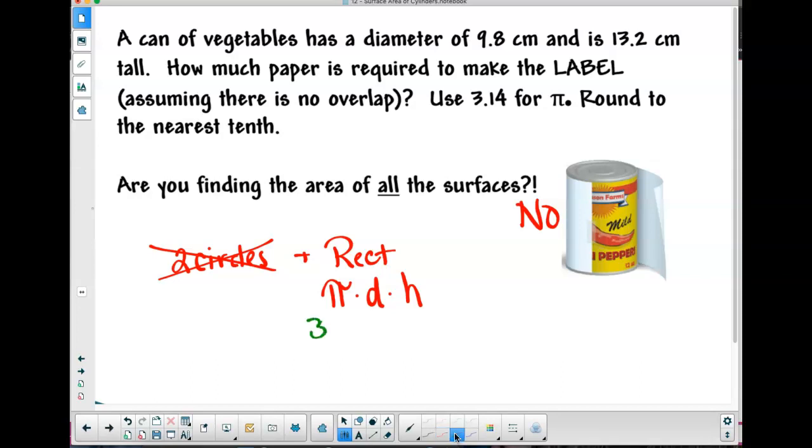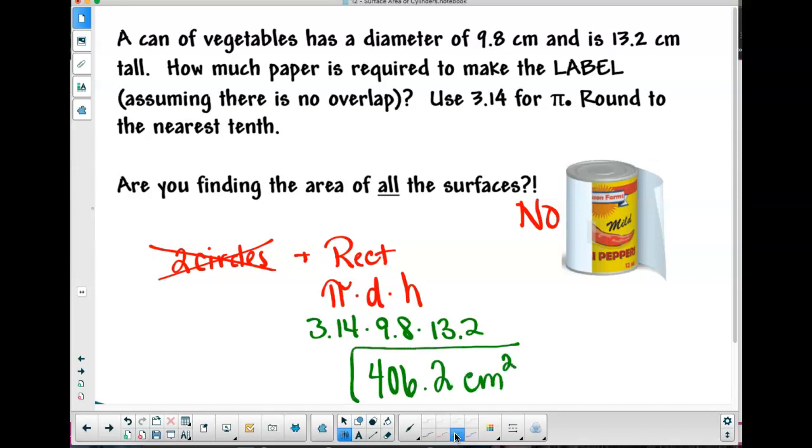So 3.14, the diameter is 9.8, the height is 13.2. So 3.14 times 9.8 times 13.2, rounding to the nearest 10. Tyler, what'd you get? 406.2 centimeters squared. Questions there? No questions? Okay.